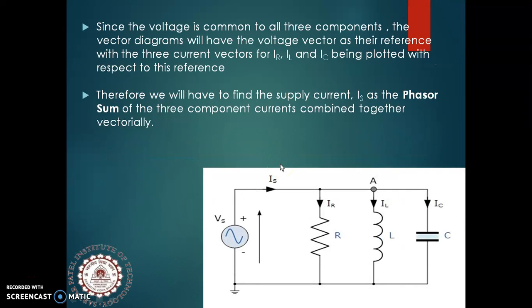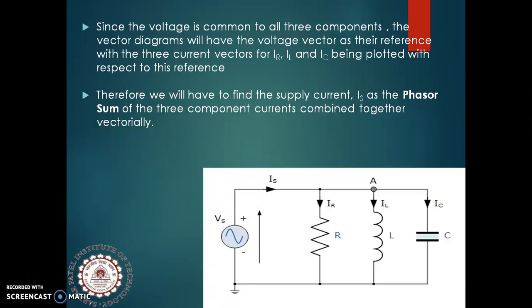Now since the voltage is common to all three components, the vector diagram will have the voltage vector as the reference with the three current vectors for IR, IL and IC being plotted with respect to this reference of voltage. Therefore, we'll have to find the supply current Is as the phasor sum of the three component currents combined together vectorially.